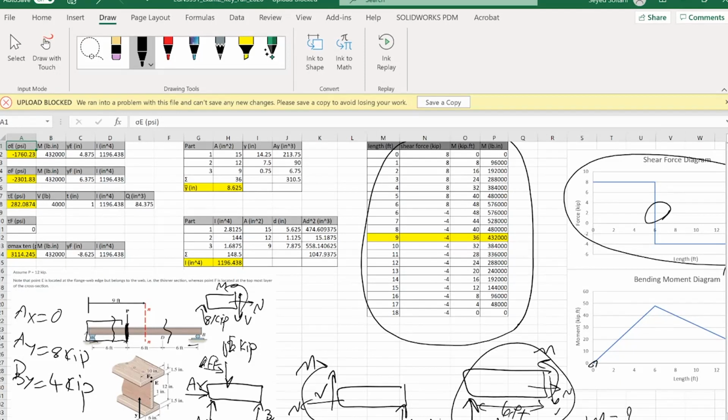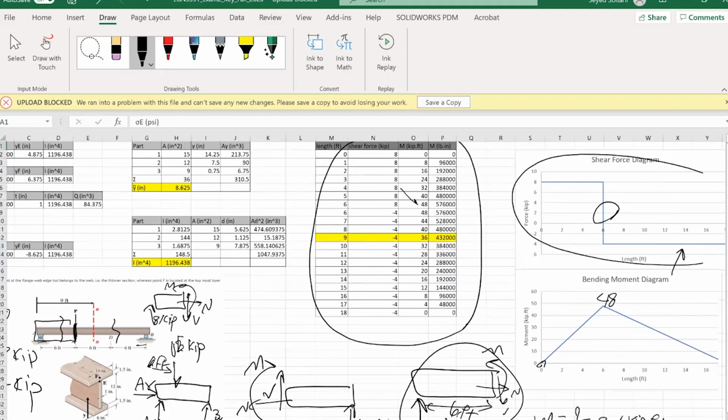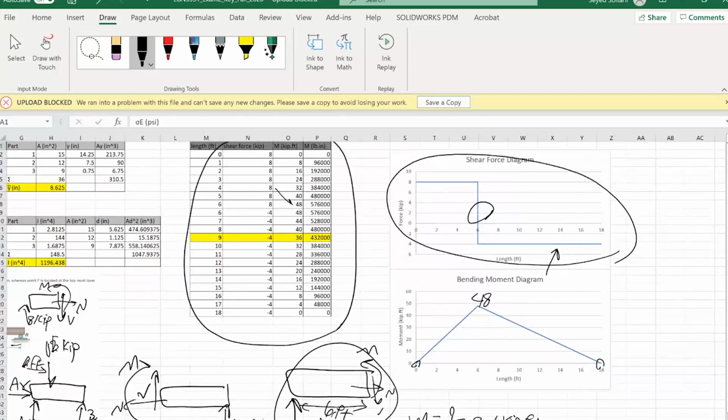You establish a balance of moments in this free body diagram, and there's this 8 times 6 KIPFT moment, which is going to be balanced off by M. So M is a positive value, and this is going to give you 8 times 6 KIPFT, which is 48, obviously, and this is exactly what you see over here. So this is 48, and our diagrams are complete now.